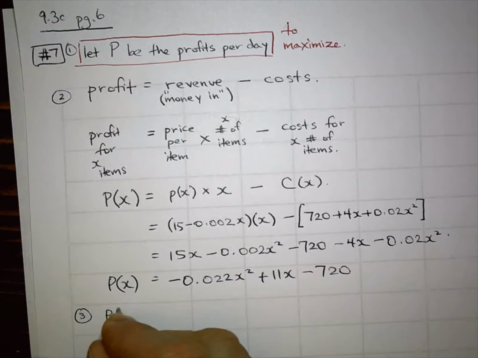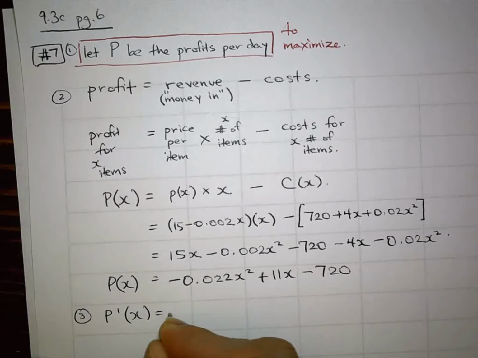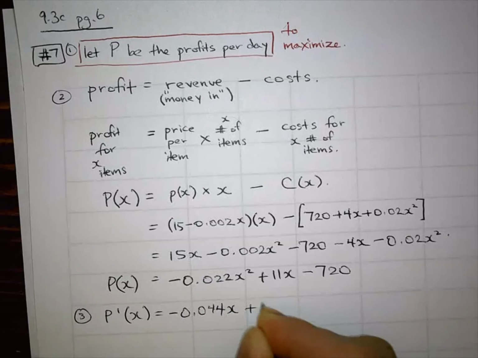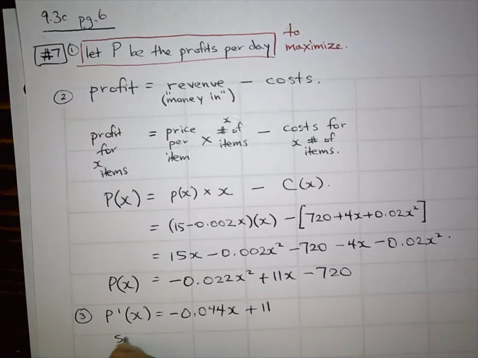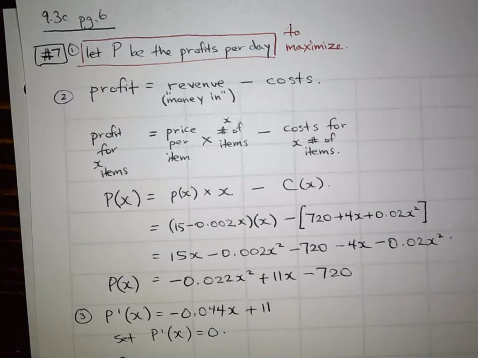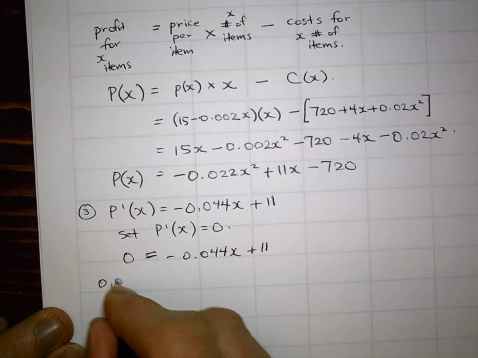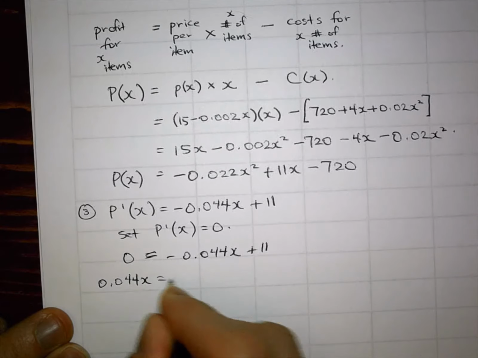Step 3 is solving now the maximum profit. So I need to find the derivative of this, which is negative 0.044x plus 11. And then I need to find the critical points by setting the derivative equal to 0. So I end up with 0.044x equals 11.